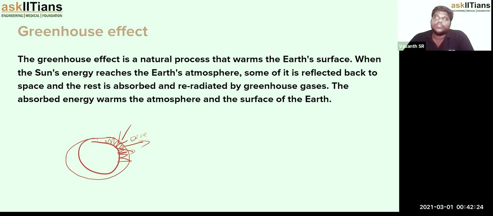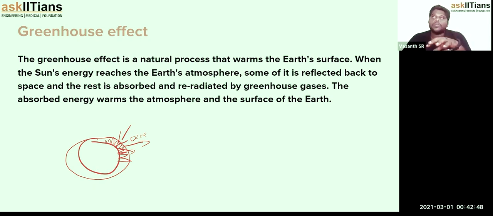This radiation is absorbed by certain gases only, and this absorption and retention of heat in the atmosphere makes the Earth's atmosphere so hot. The gases that allow this process to happen are called greenhouse gases.